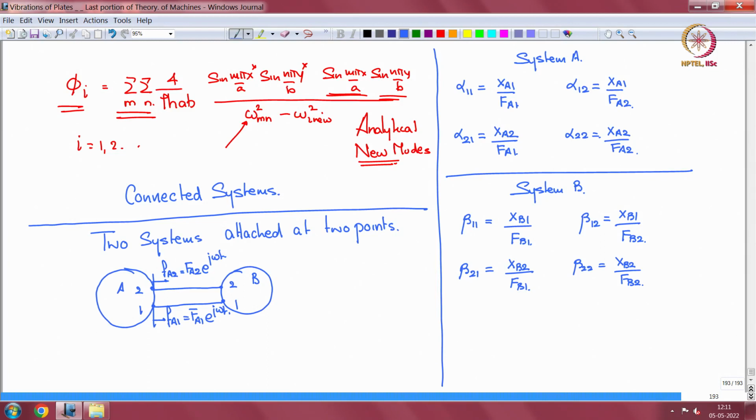Now they are connected. That is the whole point. When they get connected, displacements are the same. It's a rigid connection.